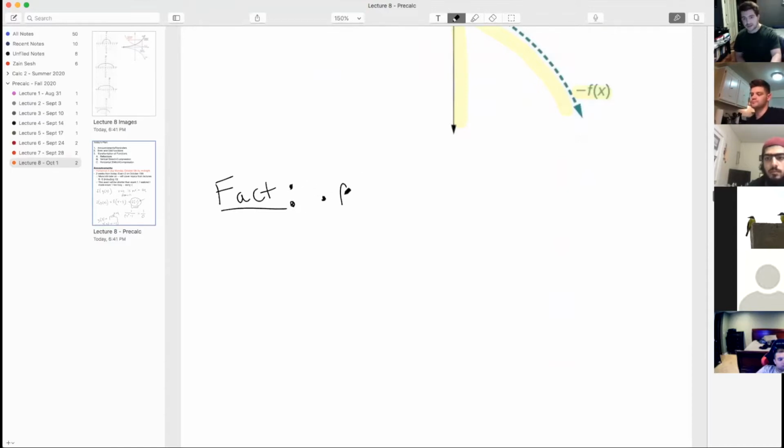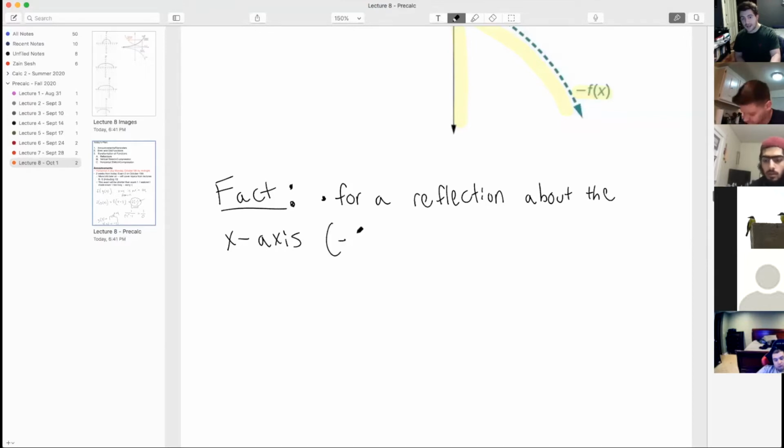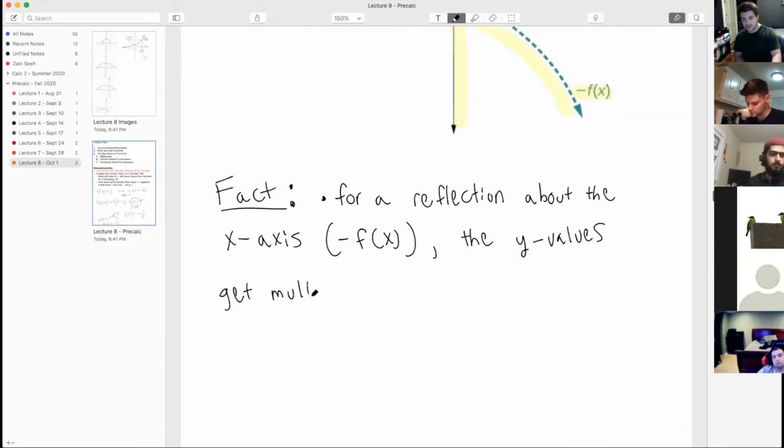First fact. For a reflection about the x-axis, which, remember, is minus f(x), the y values get multiplied by -1.